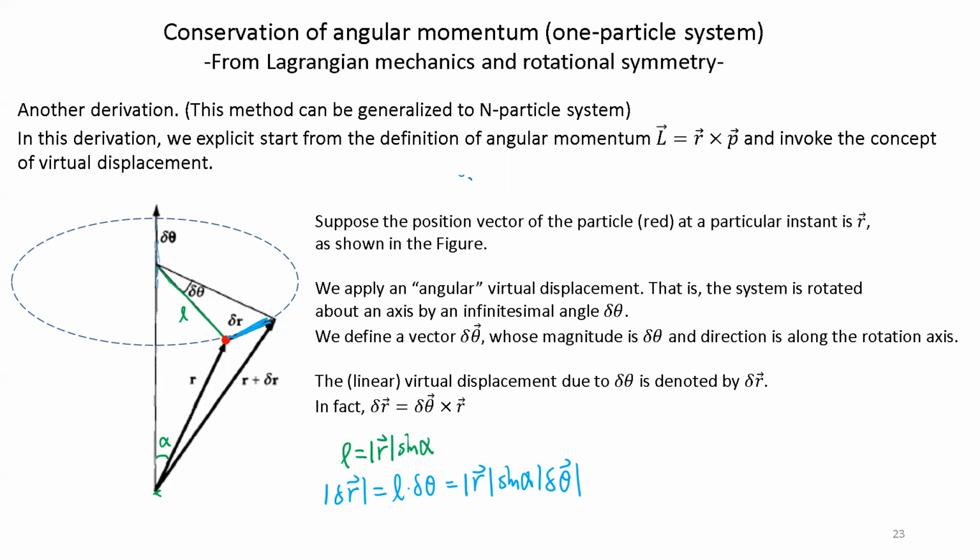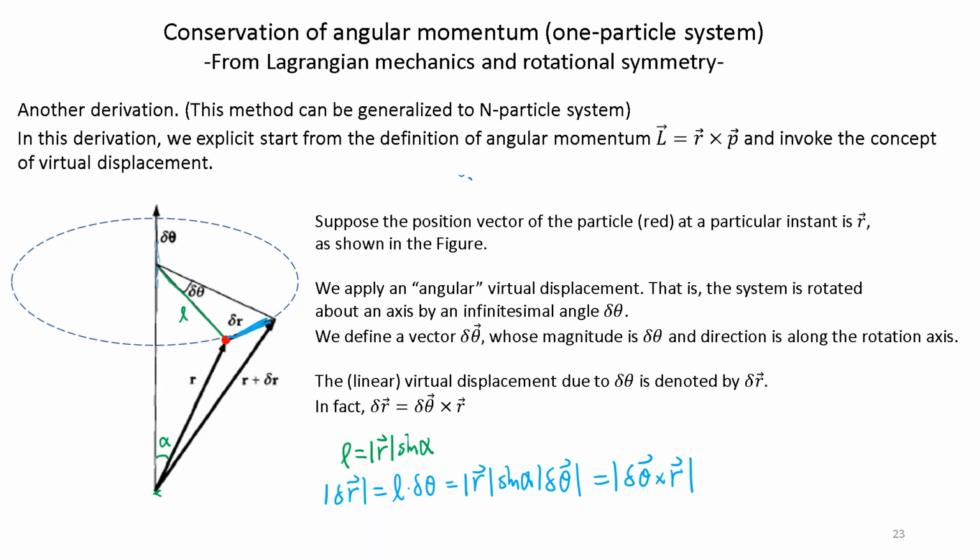This is exactly the magnitude of delta theta cross R, because A cross B equals the magnitude of A times the magnitude of B times the sine of the angle between them. So you can see how the magnitude of this delta R is given by the magnitude of delta theta cross R.